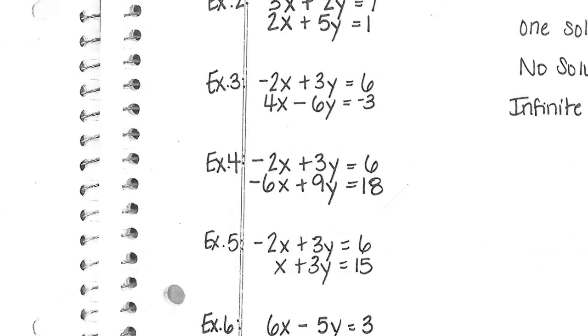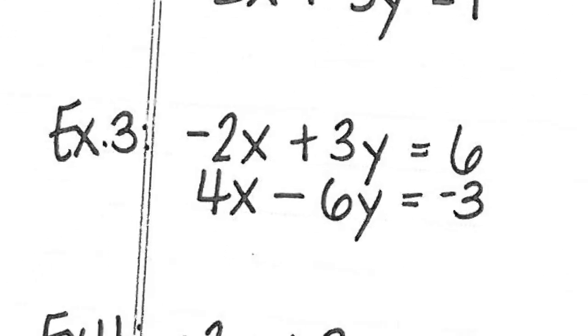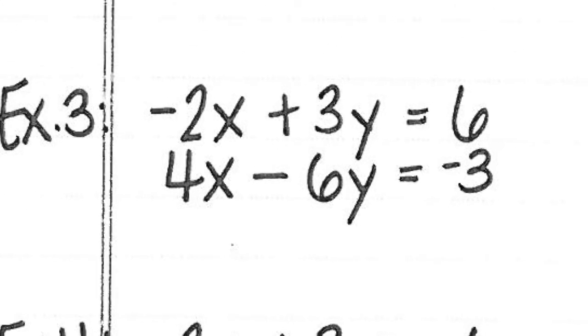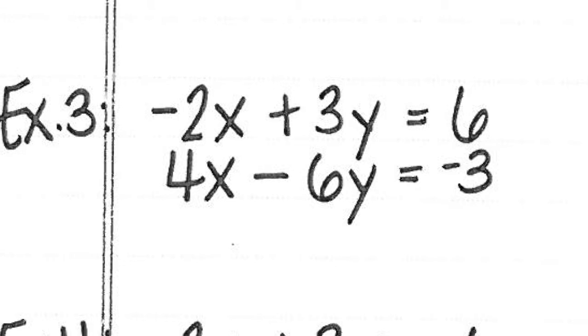All right, I'm going to move on to example 3 right here. The first thing I can do is I can multiply everything through by 2. And when I do this, this will become a -4x, which will reduce with this 4x.